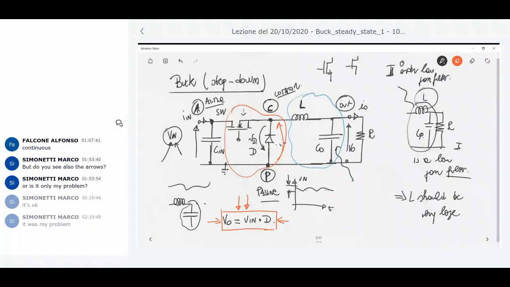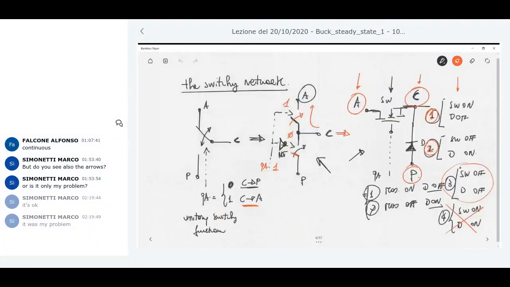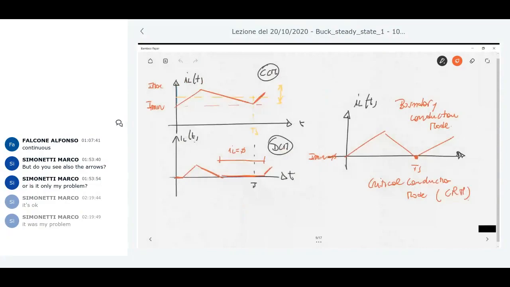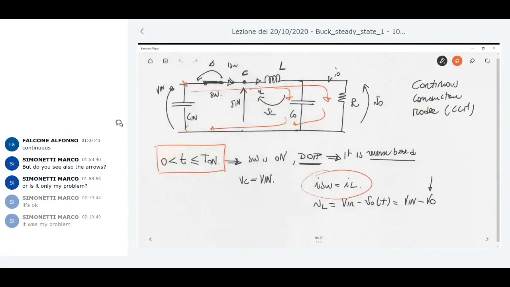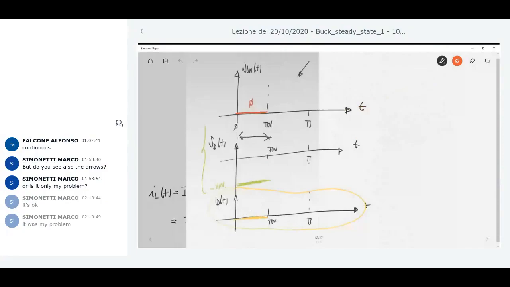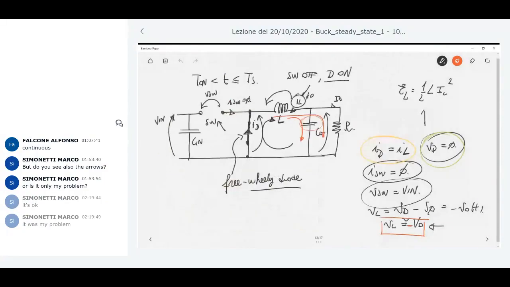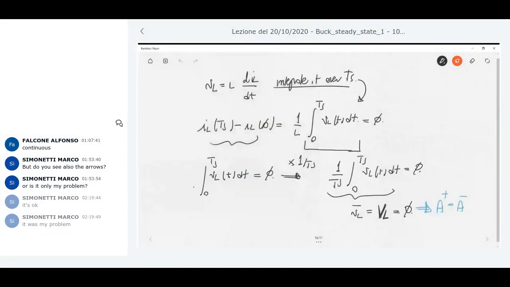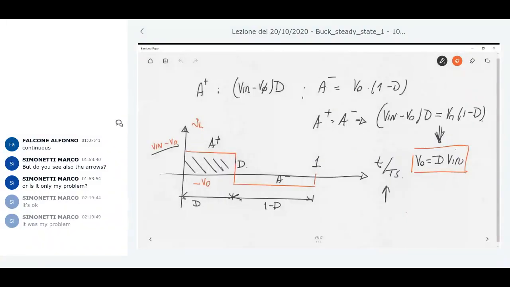Look at those slides to understand in which way it was derived in that situation. It's a different way, but in the two ways the result will be no different. In that situation, I extracted the DC value of the output voltage, now by using the volt-second balance of the inductor.